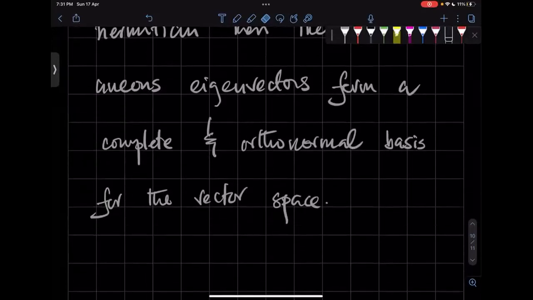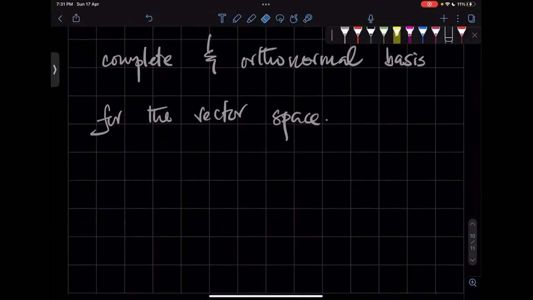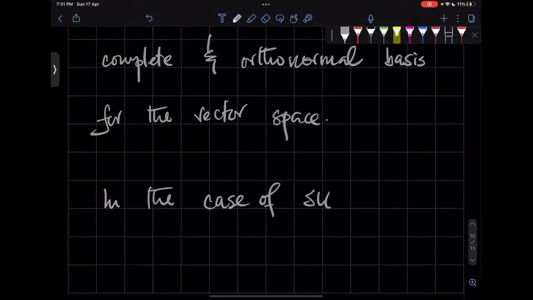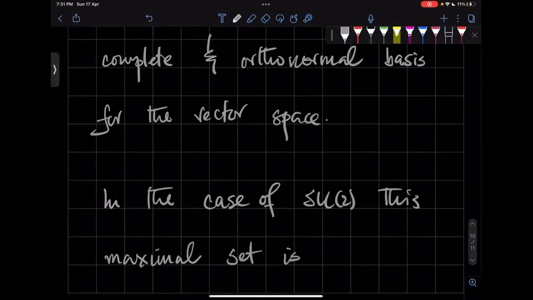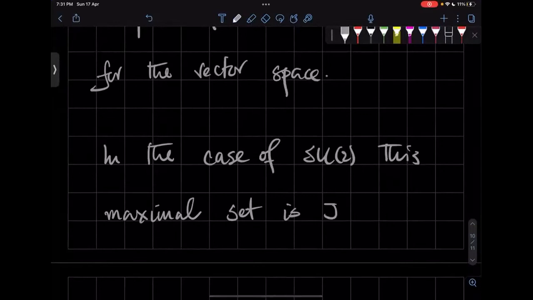So in the case of SU(2), this maximal set is J squared and J3, right? You could have chosen J1 or J2, but J3 is conventional.